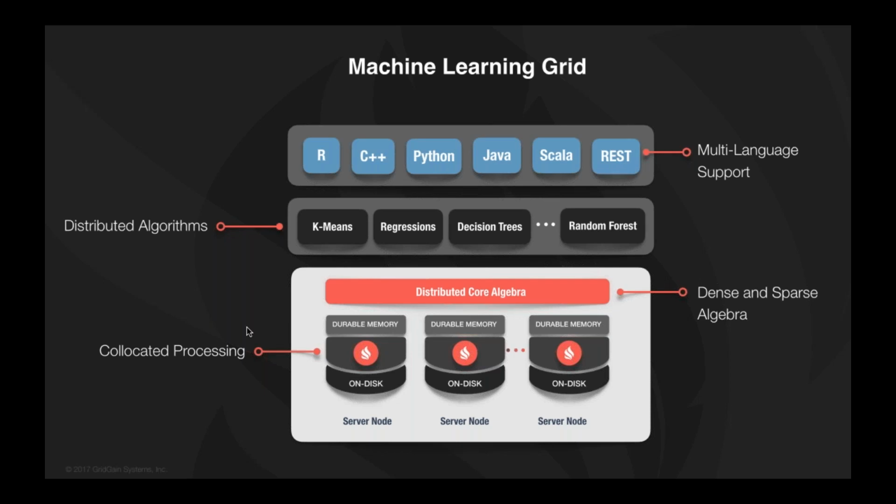This library is still in beta state, but what's supported right now is that we implemented the distributed core algebra on top of our compute grid and data grid capabilities. Even now, you can work with matrices, do different calculations directly, writing your algorithms and logic on top of that core algebra module.